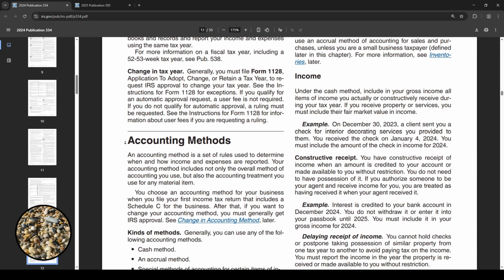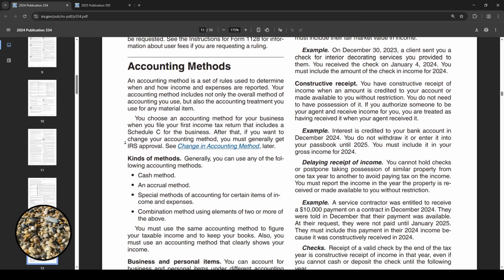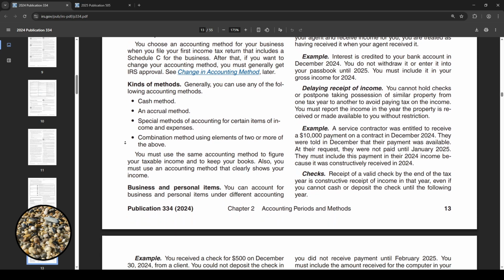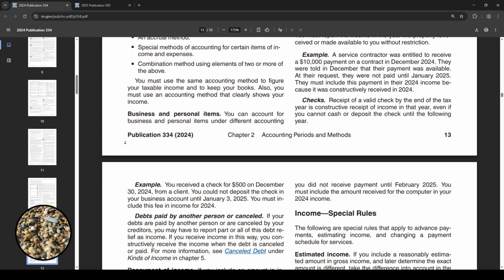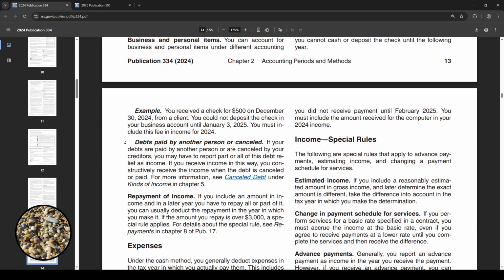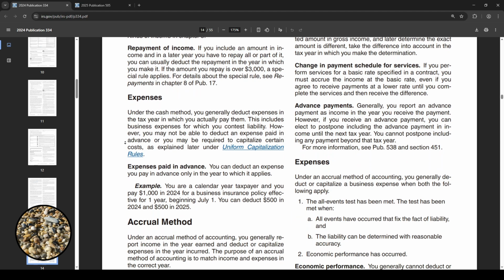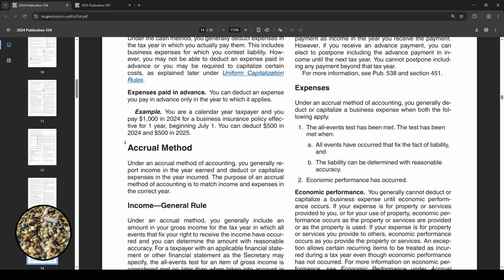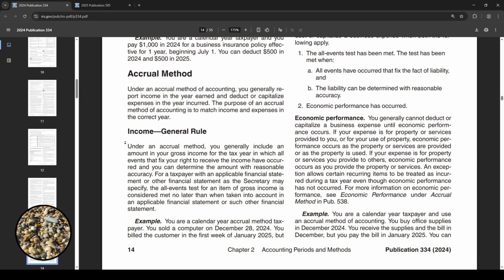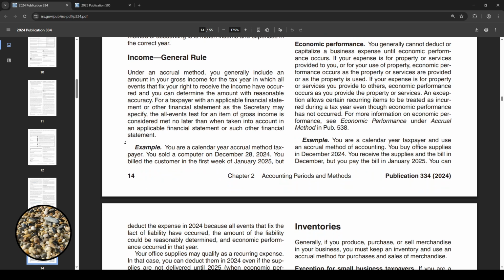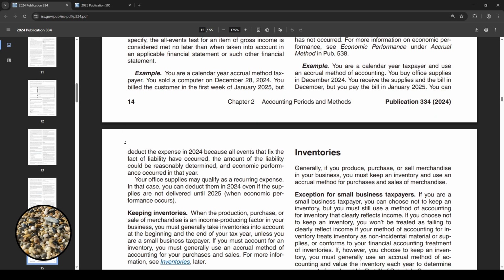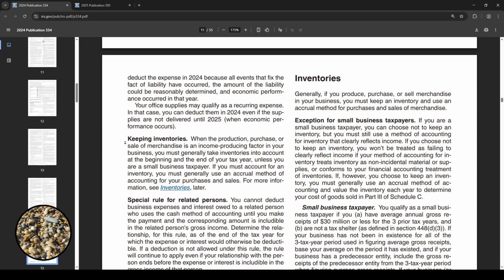For this scenario, let us estimate your total federal tax liability at $25,000 for the year. To find your quarterly payment, you simply divide that $25,000 by 4. This gives you an estimated payment of $6,250 every quarter.